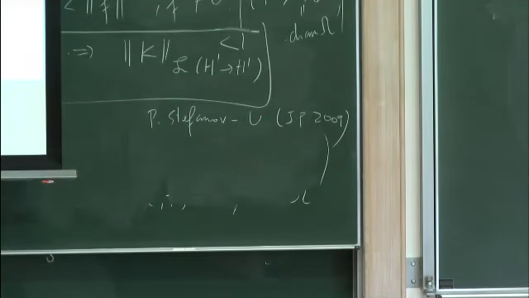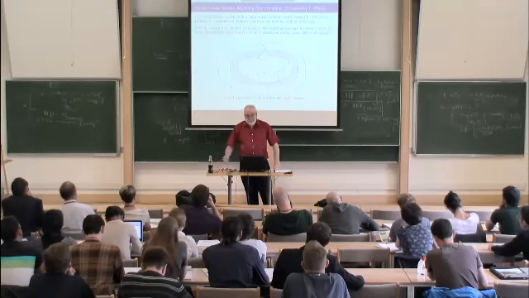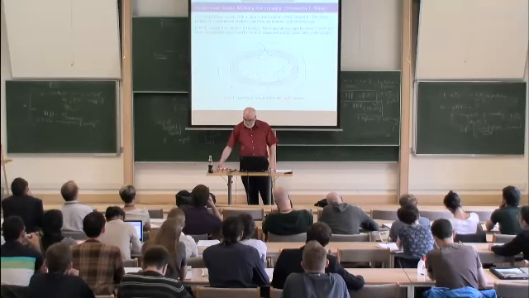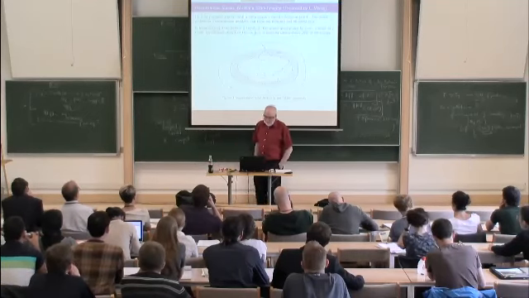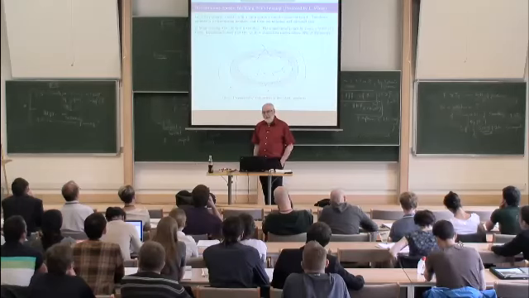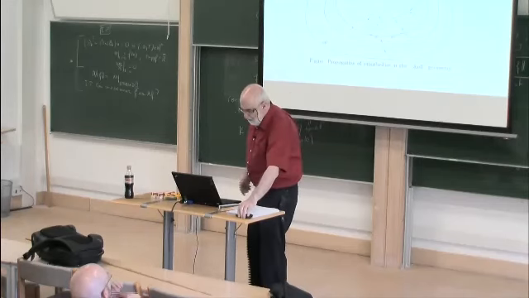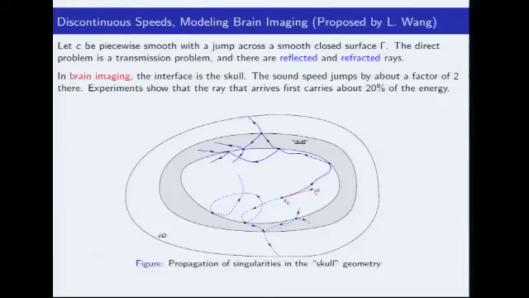Okay, so we were at a meeting last year at Banff, and Li-Hong Wang, who has been, as I said in the first lecture, one of the main proponents of photoacoustics and thermoacoustic tomography, proposed to consider the case of a brain. Very interested to do this on the brain, of course, but one of the problems is the effects of the skull for penetration of waves. And from our point of view, this is not working.